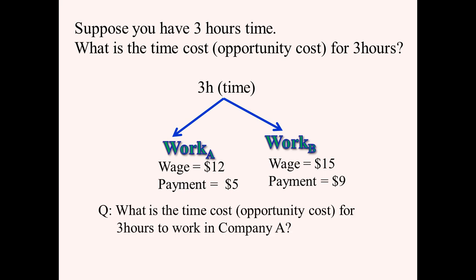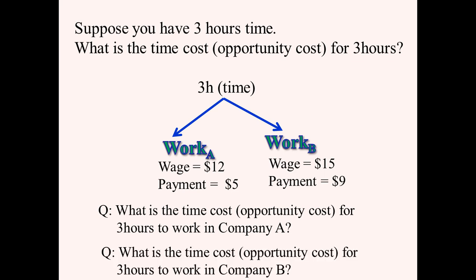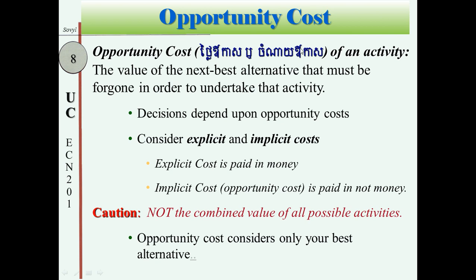So again, the same question: what is the time cost, the opportunity cost, for working in company A? What is it for working in company B? If you can answer those questions from the previous slide, it means that you understand the concept or definition of opportunity cost of doing one action or one activity.